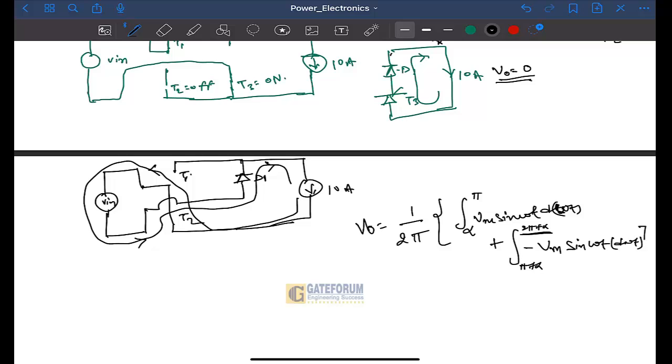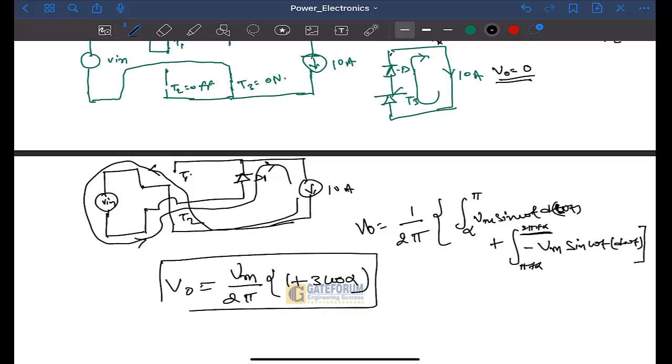Okay? So V naught will be Vm by 2 pi into 1 plus 3 cos alpha. This is the average voltage.